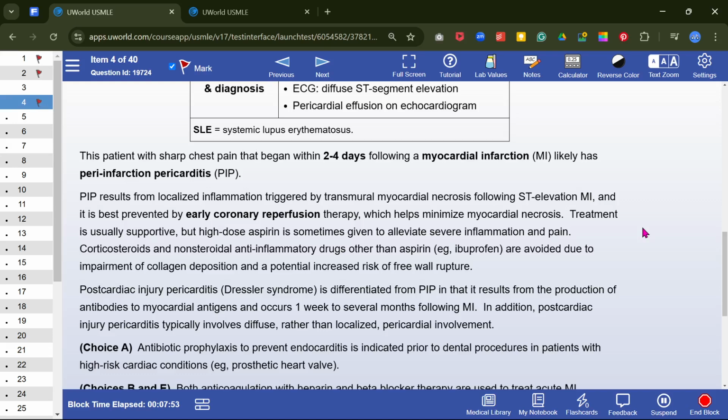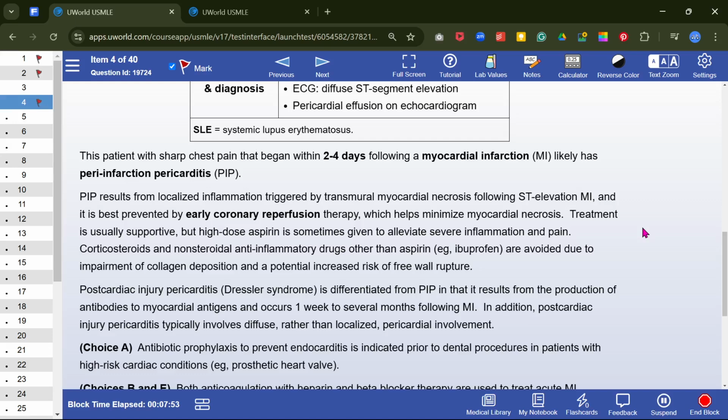Post-cardiac injury pericarditis, Dressler syndrome, is differentiated from peri-infarction pericarditis in that it results from the production of antibody to myocardial antigen and occurs a week to several months following MI.